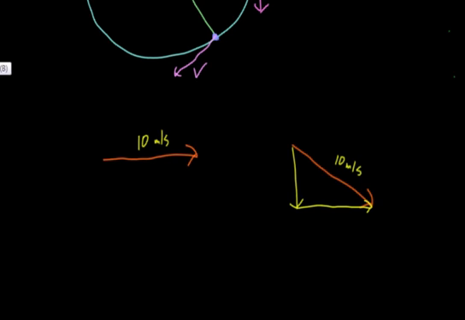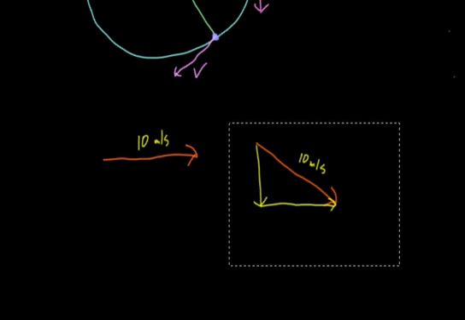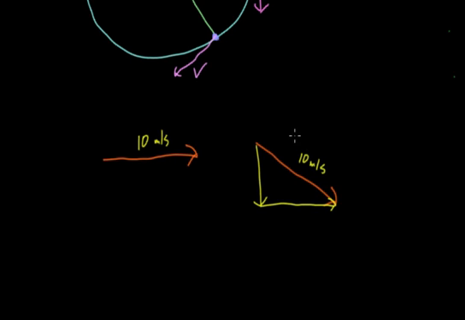So what has happened here? What has happened to the object that's traveling at this speed to make it change its motion? Well, what is a change in motion called? An acceleration.